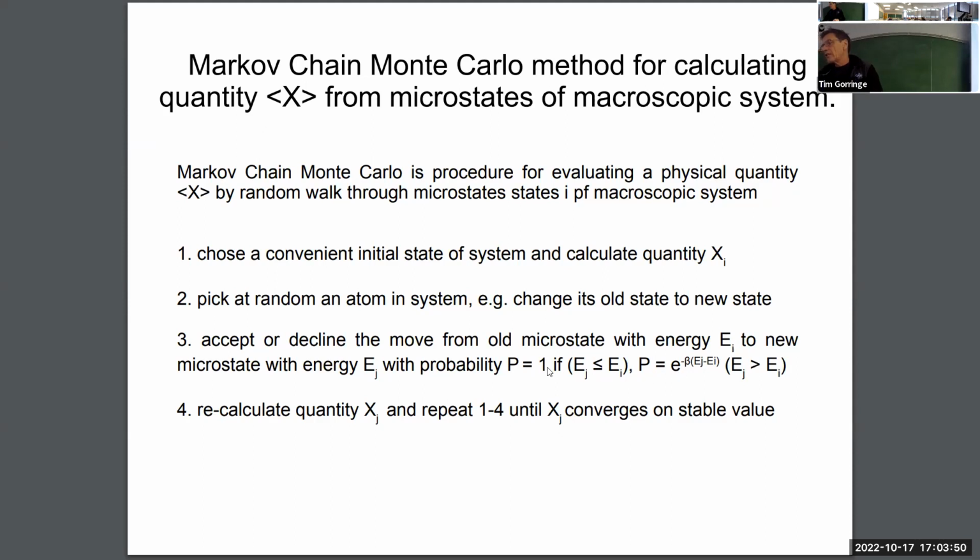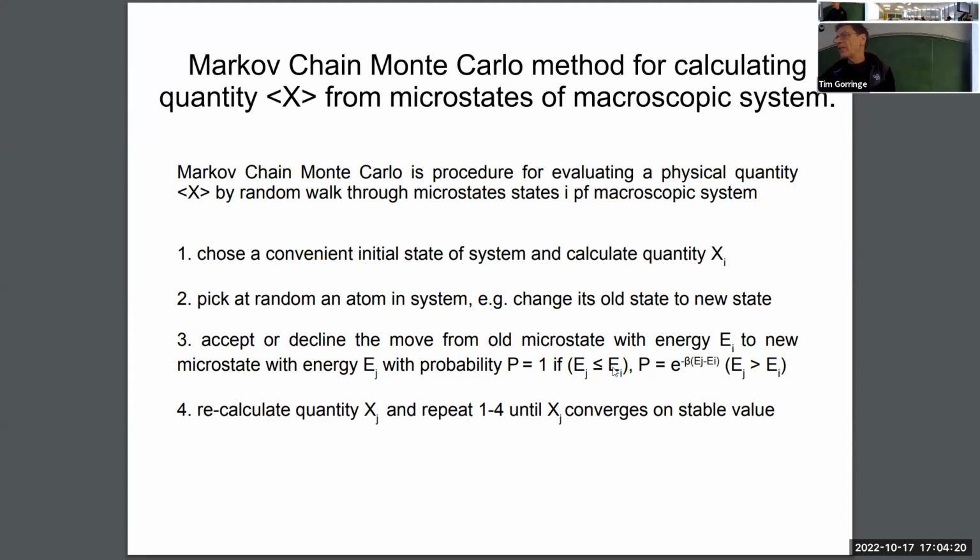If I go down in energy, I'm going to always accept it, probability of 1, unless I'm at the ground state. If I'm going to go up in energy for the microstate, I'm going to accept it with some probability less than 1, where the argument in this Boltzmann factor is the difference in the energies between the old and the new microstate.